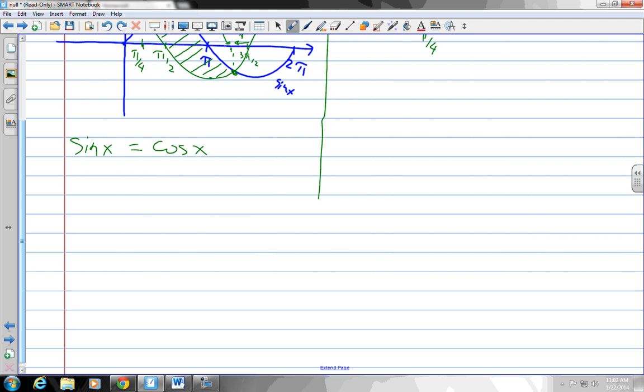You can square both sides, convert sines into cosine, set it up as a quadratic, and solve that. Still do the same thing. Yeah, you really want to use unit circles for that.